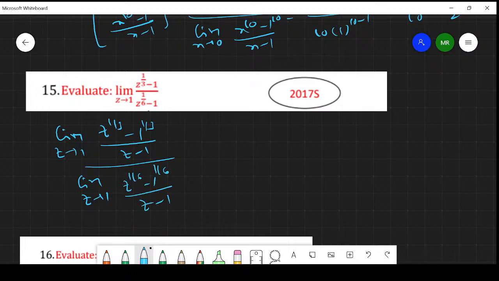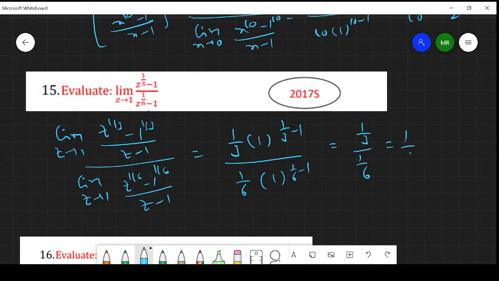I have taken it directly, dividing numerator and denominator by z minus 1. Apply the limit. The numerator will become n value 1 by 3 into 1 power 1 by 3 minus 1. Just compare with the previous problem. 1 by 6 into 1 power 1 by 6 minus 1. 1 power anything is 1 only. So we will get 1 by 3 by 1 by 6, which is 1 by 3 into 6 by 1. So it will be 2.